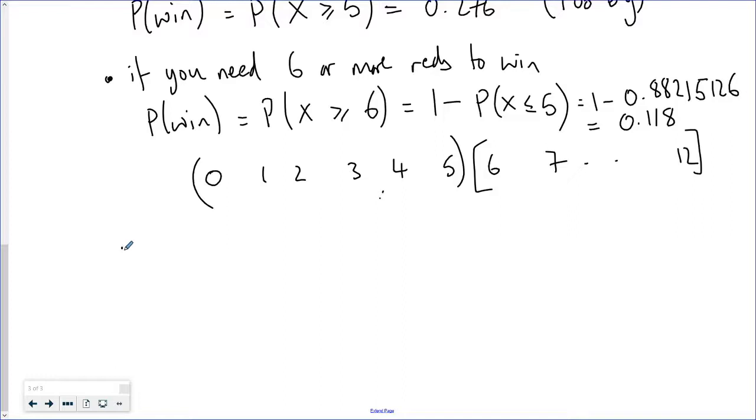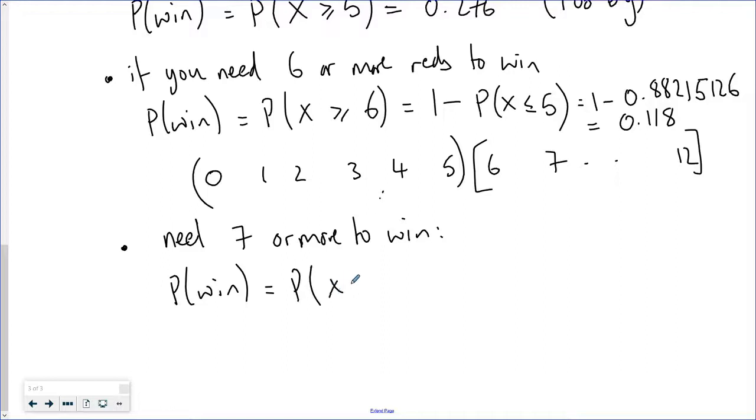So let's go up to needing 7 or more to win. So let's try that. So the probability of winning in this case will be the probability of X being greater than or equal to 7. And I'm not going to write out the diagram again, but you can. That would be equal to 1 minus the probability of X being less than or equal to 6.